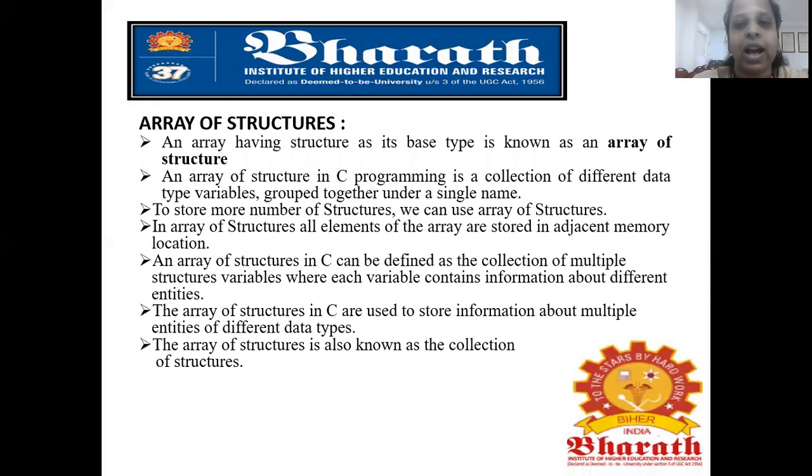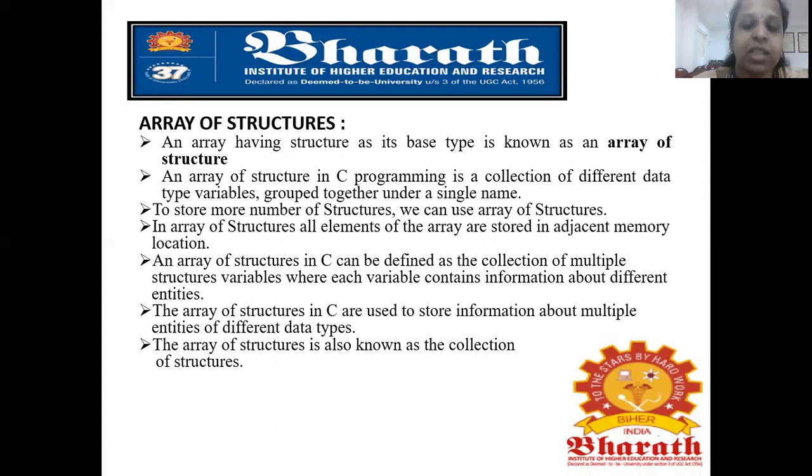We already know an array is nothing but a collection of the same data types. That is, a collection of homogeneous data types is called an array. An array of structures in C programming is nothing but a collection of different data variables grouped into a single name. So to store multiple structures, we can use an array of structures.